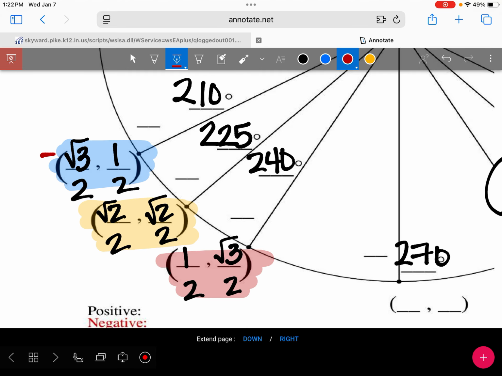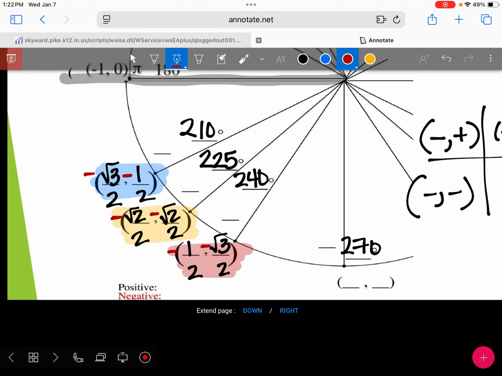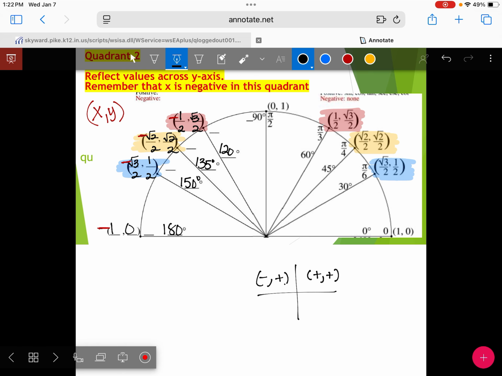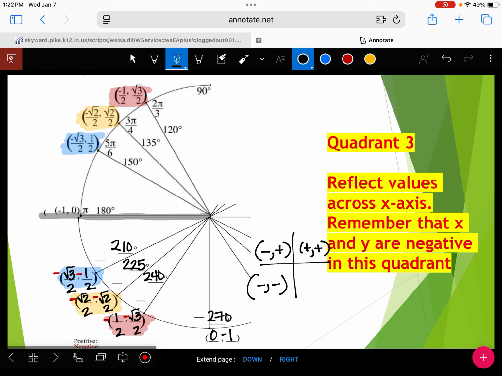Negative and a negative, negative and a negative. They're both negative. And then down here, this would be 0, -1. Wait, did we fill in that -1, 0? Yeah, we did. Okay, so now we've got quadrant 3 down.